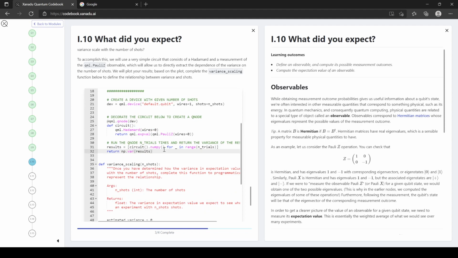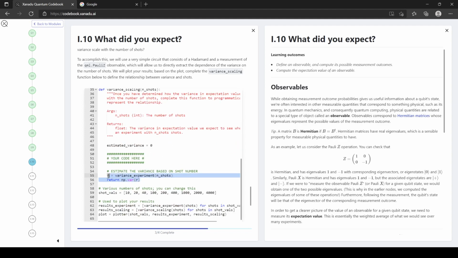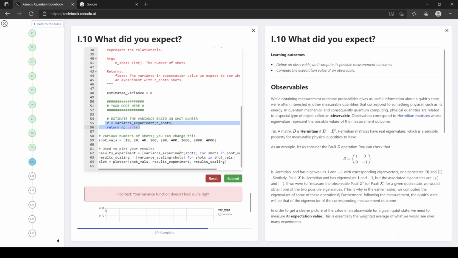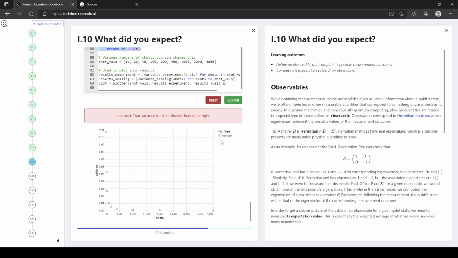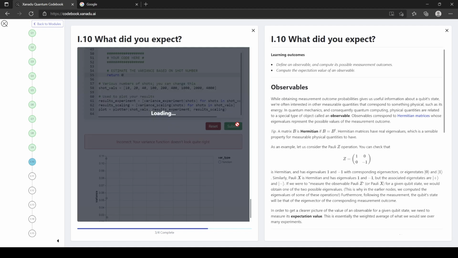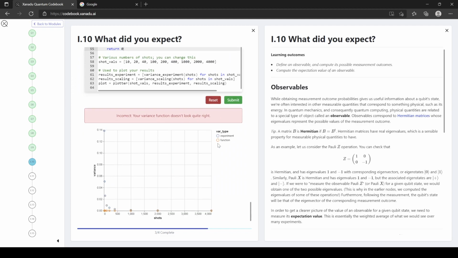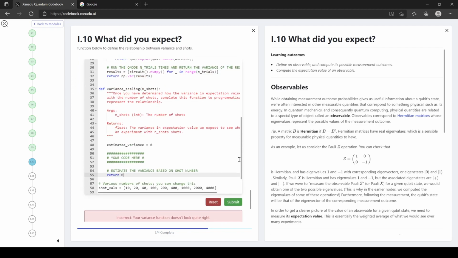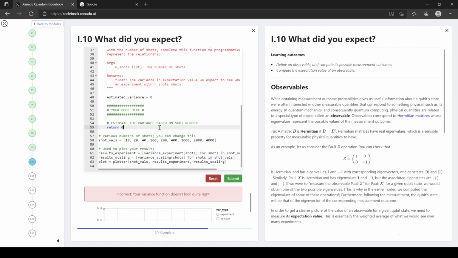Really not reading the problem. What we want to do is we want to represent this as an actual function.